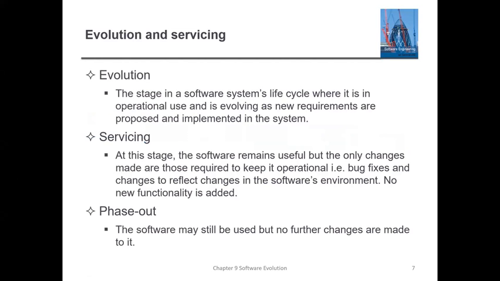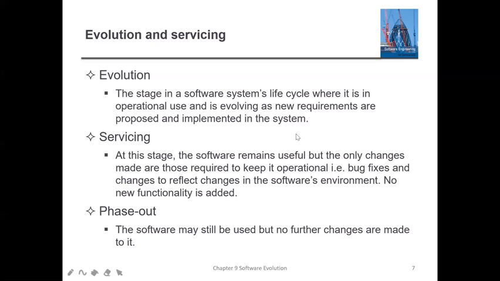Now, going step by step, let's see how the evolution and servicing part works. The first one is the evolution part, where there are stages. What is the first stage? I already told you that we have the spiral model life cycle, the software system life cycle, which helps us create all these things and make the system operational.